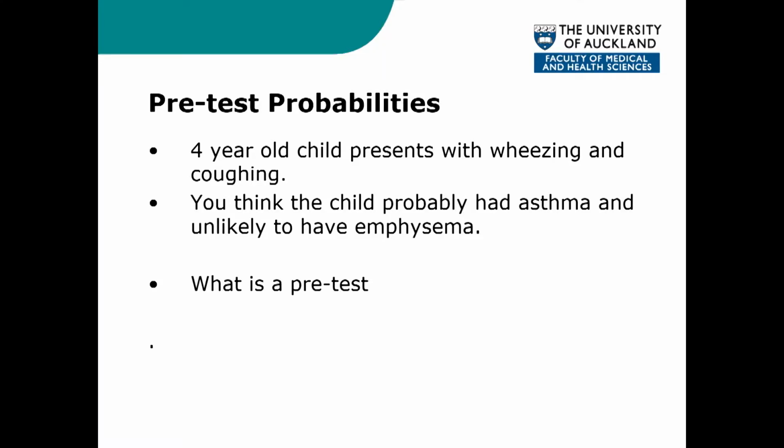So we know pre-test probabilities anyway. If a 4-year-old presents to you with wheezing and coughing, you're going to think the child probably has asthma or bronchiolitis and would be unlikely to have emphysema, because we know emphysema is a condition of older people who've generally been smoking for a long period of time. There are a few exceptions to that, but that would be an example of using a pre-test probability.